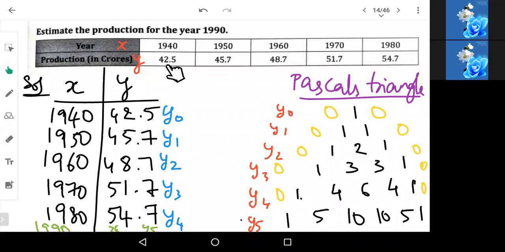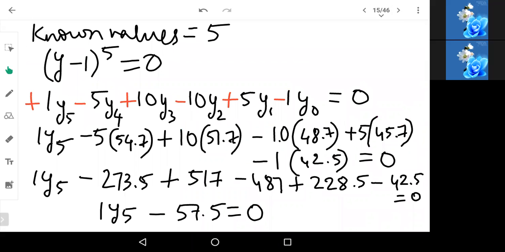If they have asked it before, then take it before here. 1930 will be Y0 and then Y1, Y2, Y3, Y4, Y5. Since they have asked below, 1990 will be considered for the next year and that data will be taken. And always remember, the number of known values is equal to the coefficient as per the Pascal triangle.